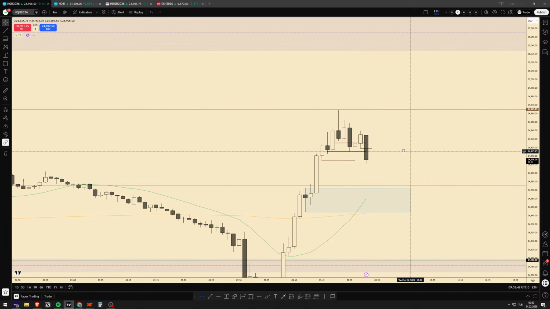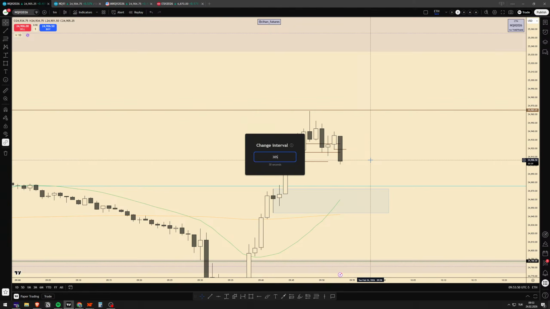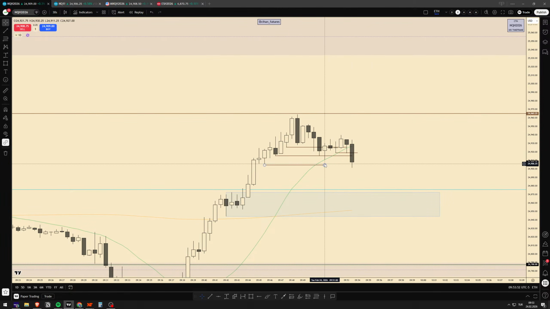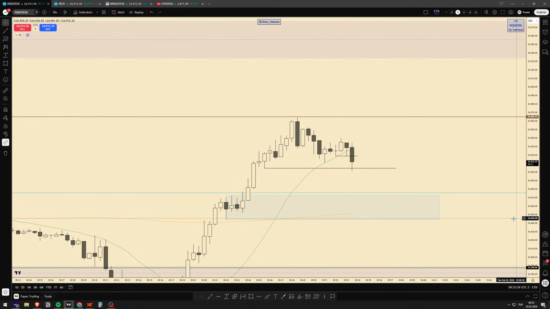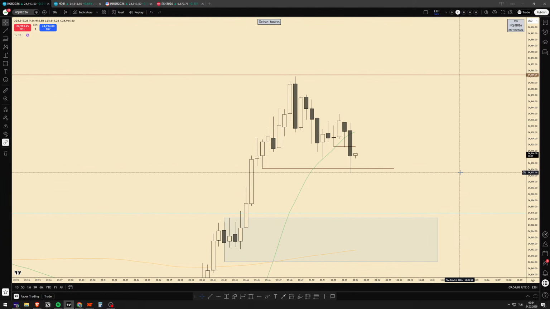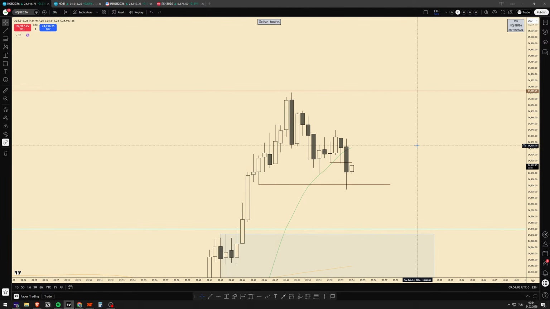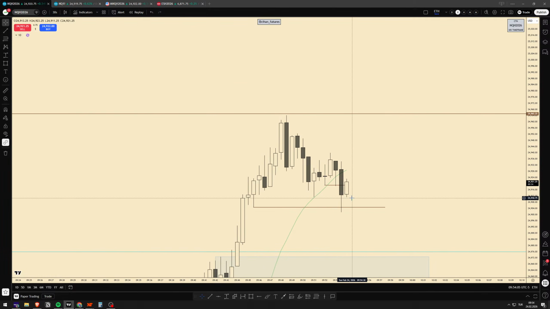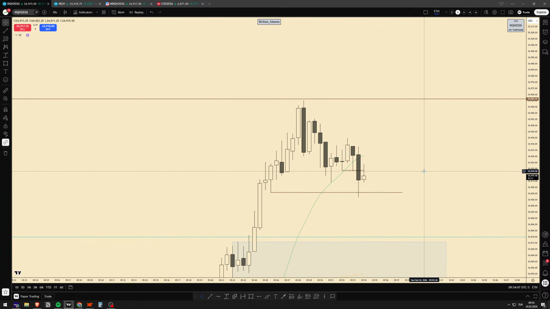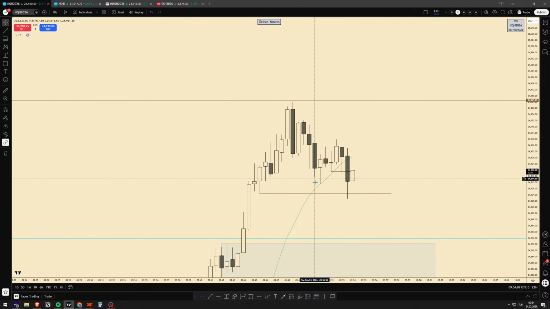Okay, our stop loss was taken. Price wanted to take out this low too. Now I'm just watching and I might take another setup because this seems like a double bottom.